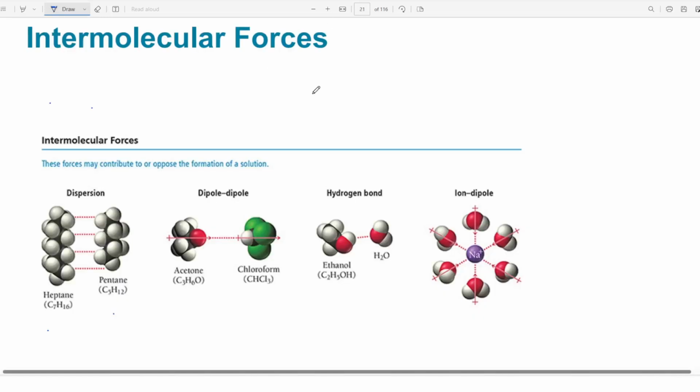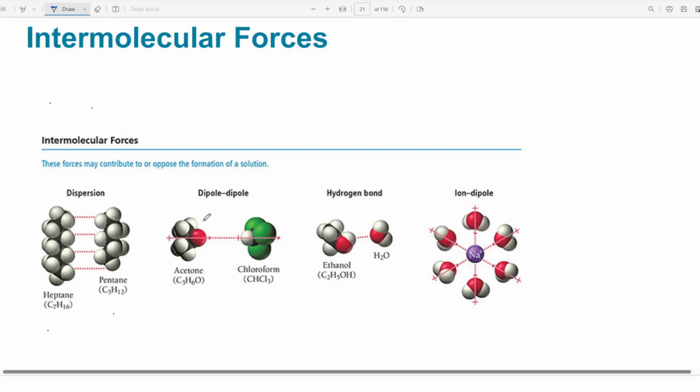Anything less than around 0.4 to 0.5 is considered nonpolar, so carbon-hydrogen bonds are nonpolar bonds, and the only type of interaction that can exist there are these van der Waals interactions, or London dispersion forces as they're also known, which results from the normal movement of electrons in molecules.